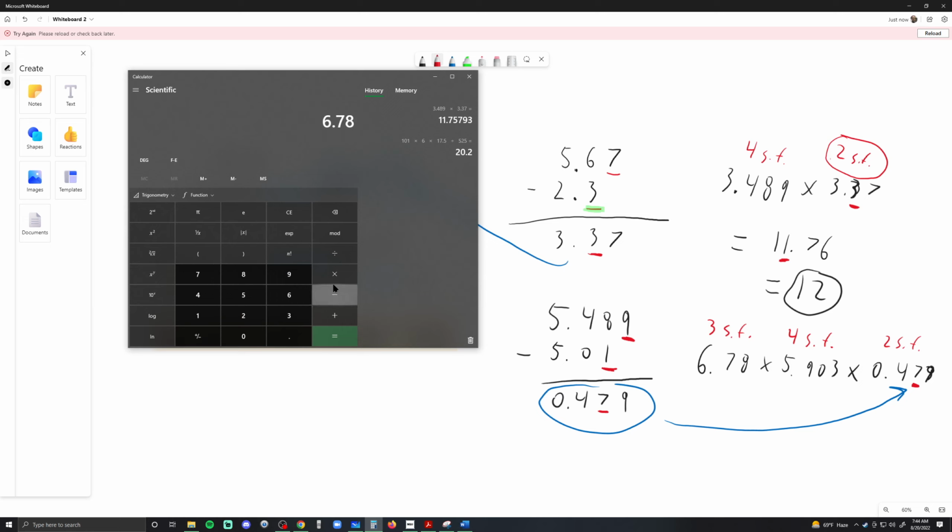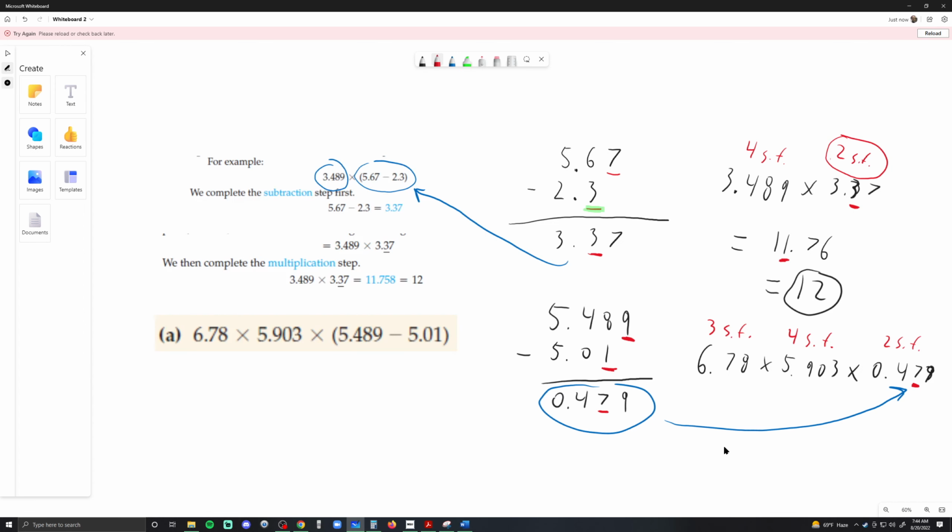6.78 times 5.903 times 0.479, and that's going to equal 19.1707 about. I'm just going to copy this number here.